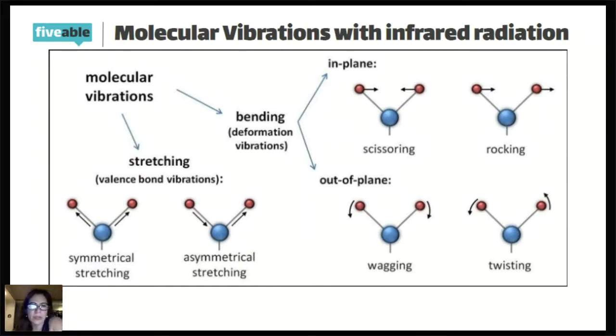Now, of course, matter can also be exposed to much, much higher frequencies and energies, for example, ultraviolet light. If ultraviolet rays are exposed to DNA, these molecular vibrations alter the DNA and can mutate it.